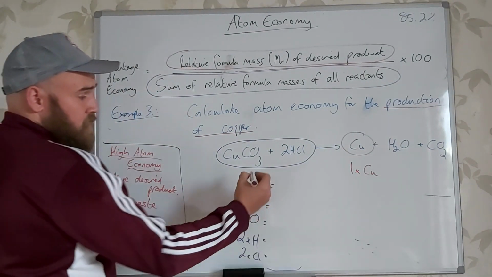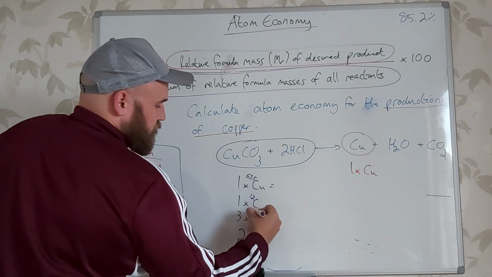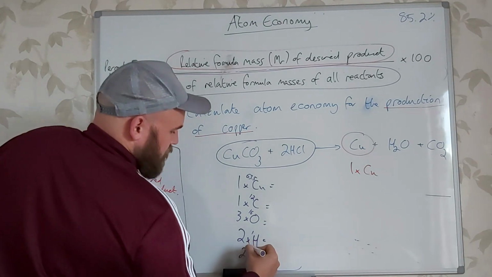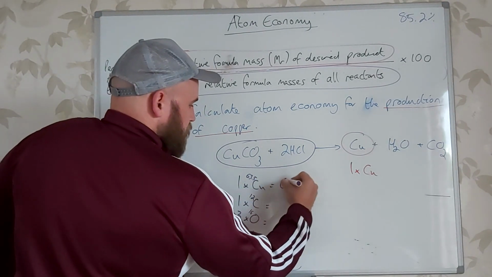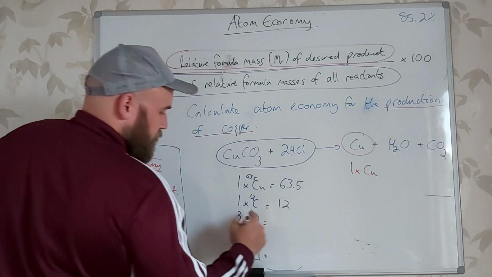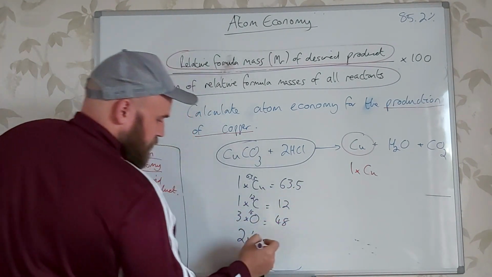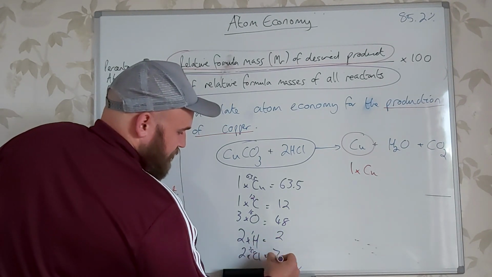Using the periodic table, copper has a mass of 63.5, carbon 12, oxygen 16, hydrogen 1, and then chlorine 35.5. So 1 times 63.5 is 63.5, 1 times 12 is 12, 3 times 16 is 48, 2 times 1 is 2, and 2 lots of 35.5 is 71.